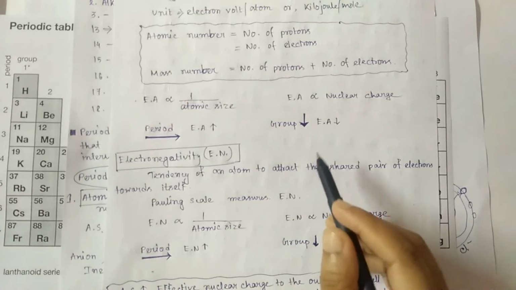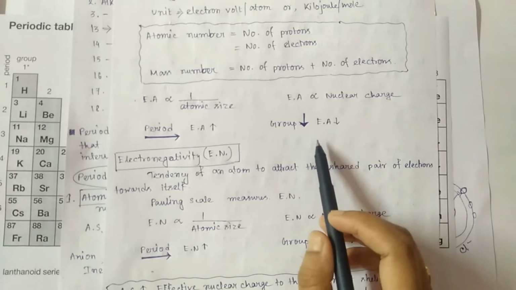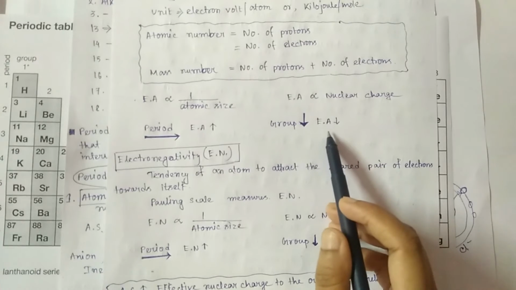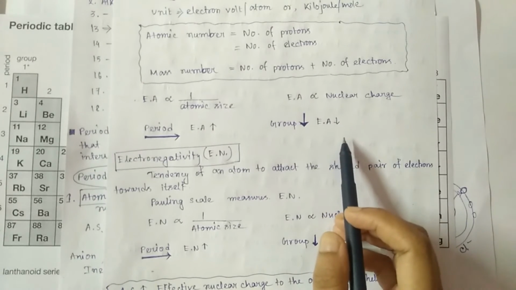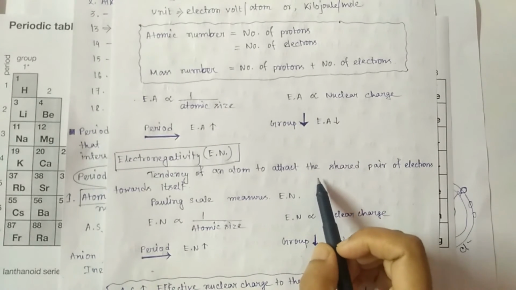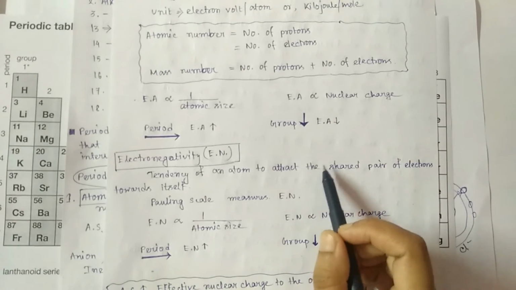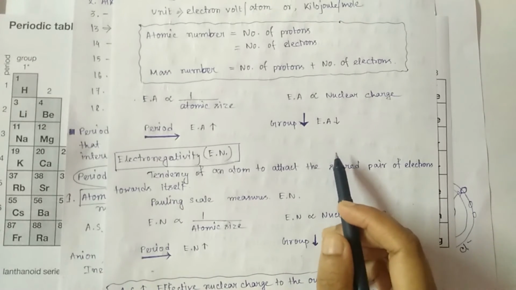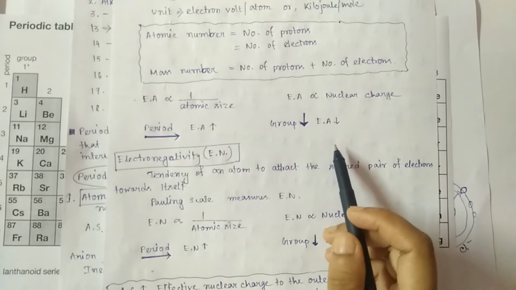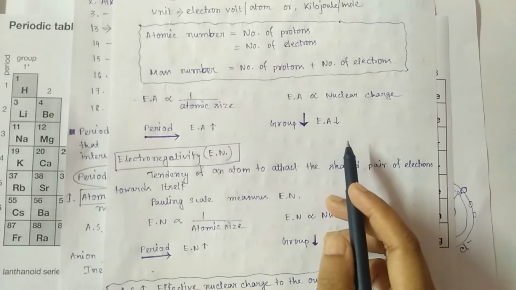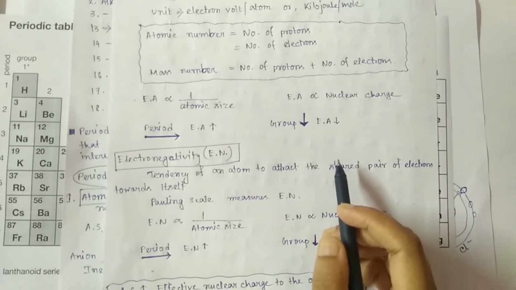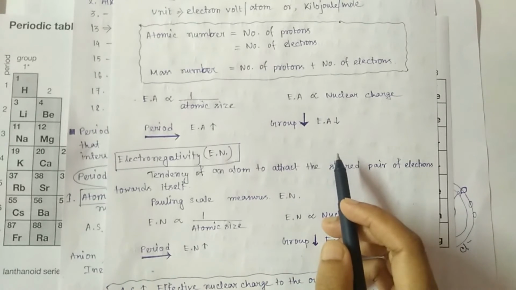Similarly, going down a group from top to bottom, electron affinity decreases, because atomic size increases and the nuclear pull of attraction towards the outermost shell electrons reduces, so the electrons are held weakly.